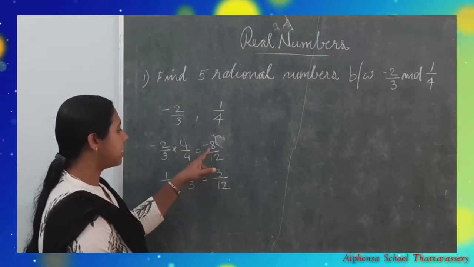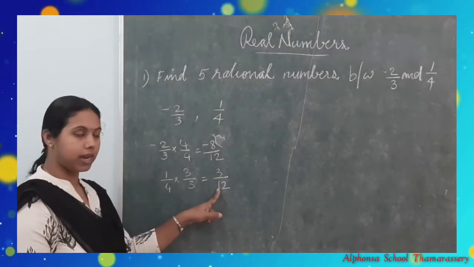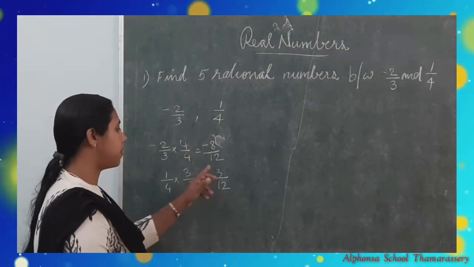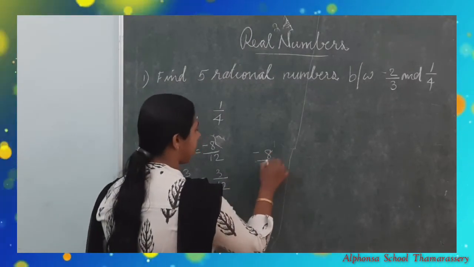Now look at here, this is minus 8 by 12 and this is 3 by 12. Let's see whether there are 5 rational numbers between minus 8 and 3.